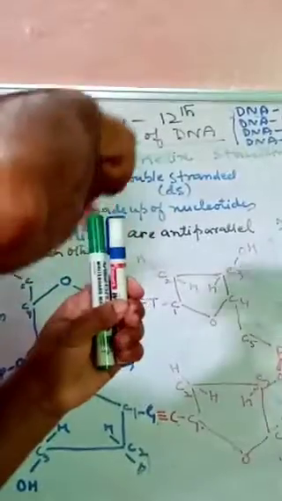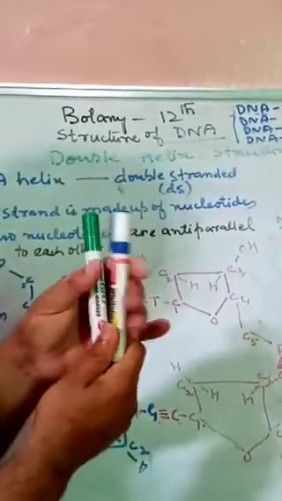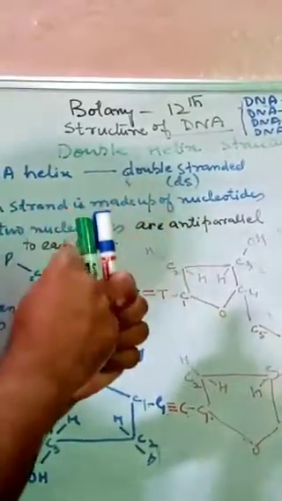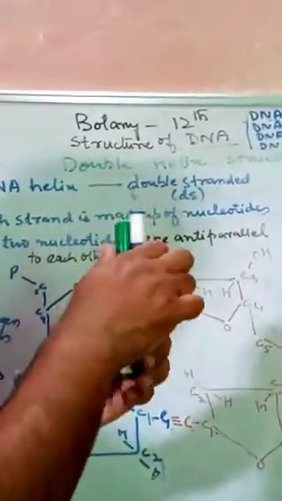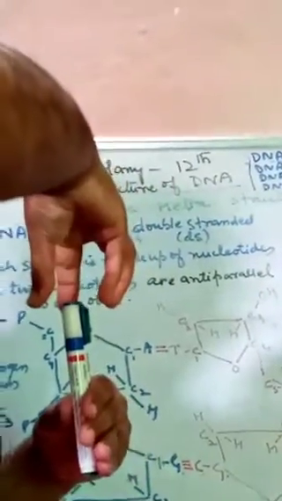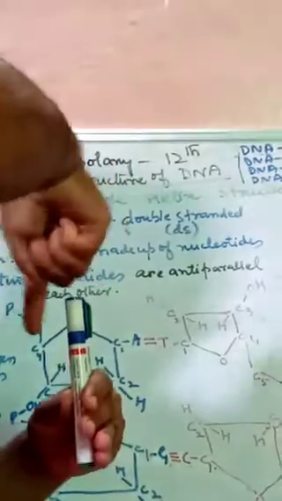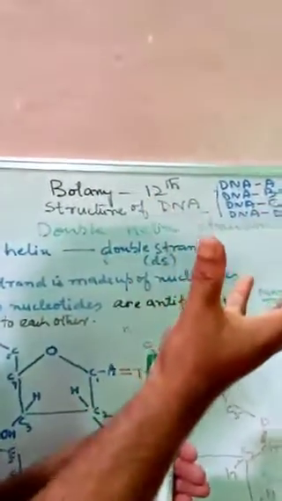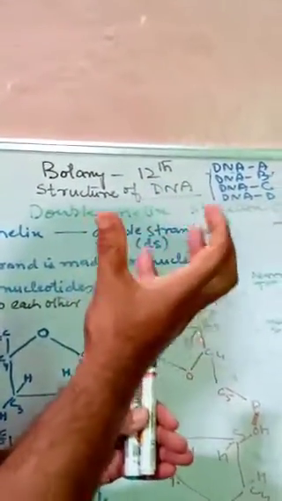Those turnings, that spinning, may be either clockwise or anti-clockwise. When we look from the top of the DNA helix structure, we will see turnings, and those turnings may be either clockwise or anti-clockwise.